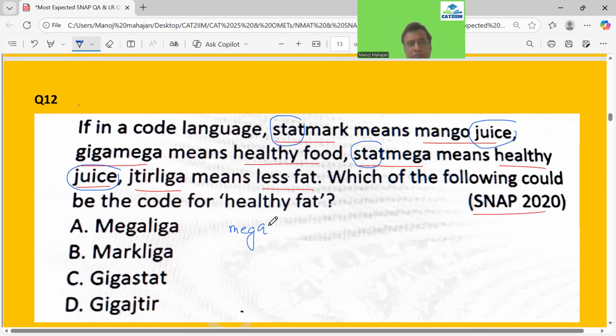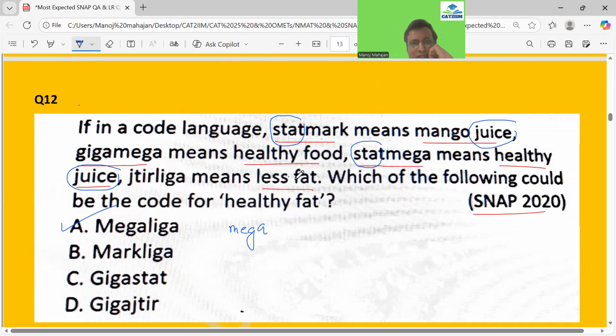If you look at the choices, there is only one option having mega, so we could have marked the answer straight away. Even if we do not get the code for fat, the answer would have been A itself. But let's have a look at the code for fat also. One thing is very sure, we do not have any other sentence over here to figure out the common thing with fat.